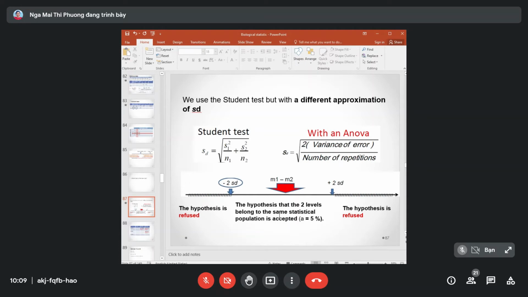And you have to calculate the SD as well. If the difference belongs to the range from minus 2 SD to plus 2 SD, you accept the H0, and if it is out of the range, you reject the H0. So what is H0 here? What is the content of H0?